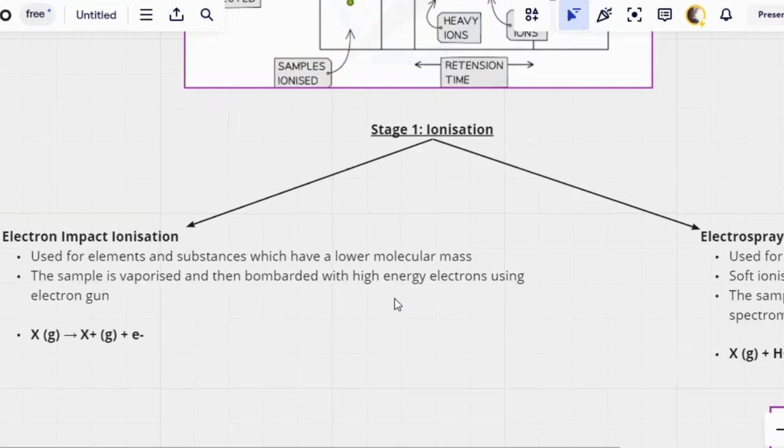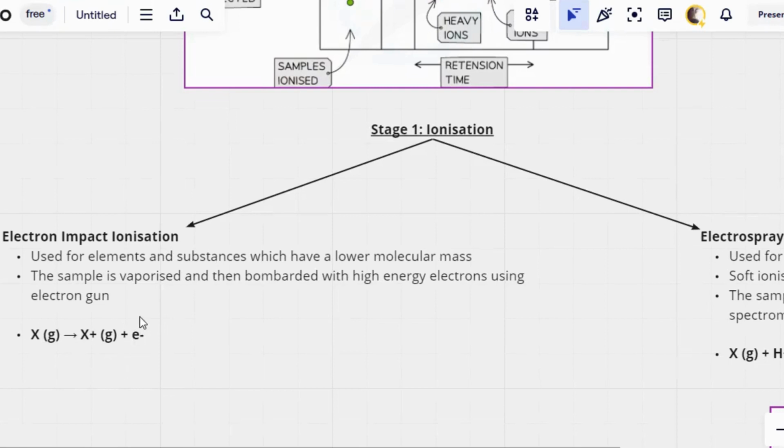As the sample is bombarded by these electrons, an electron is knocked off each particle and it forms a positive ion. You can see this is any element X, and when it is bombarded by the electrons, an electron is knocked off from this element, forming a positive ion, X positive.